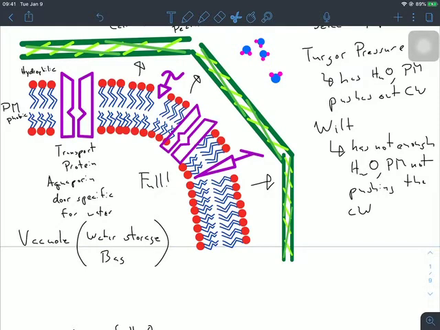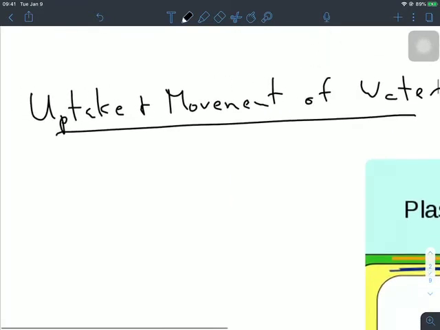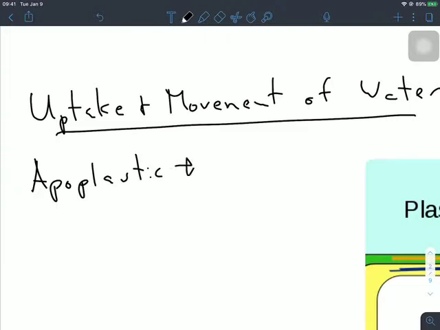They never pass into a cell itself. This type of movement is called apoplastic water movement, and it is only on cell walls.